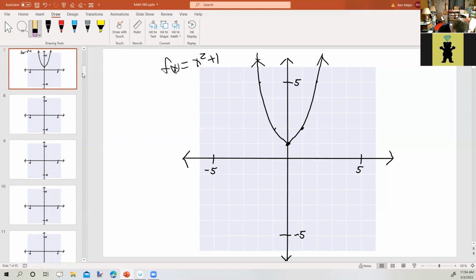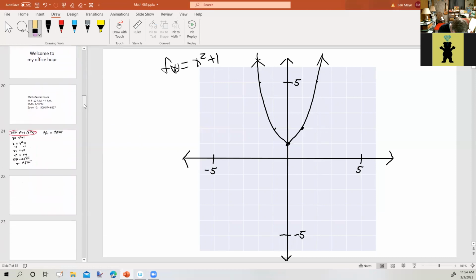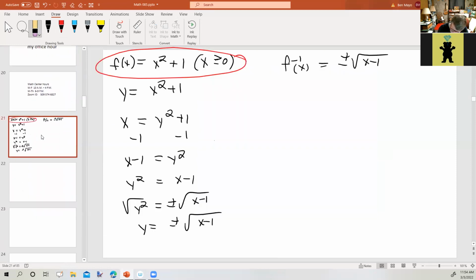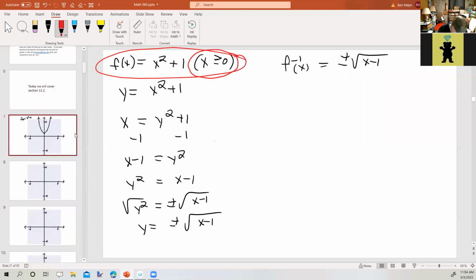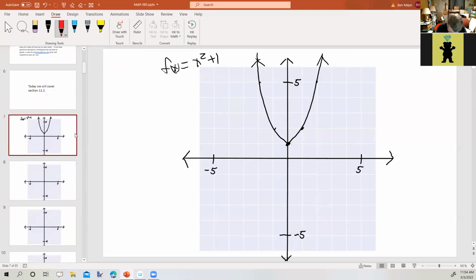Well, let's go back and look at the actual function. Oh, look here. There was a restriction. It said x is greater than or equal to 0. So let's apply that restriction to this graph. If x is greater than or equal to 0, that's what our graph would look like, isn't it?